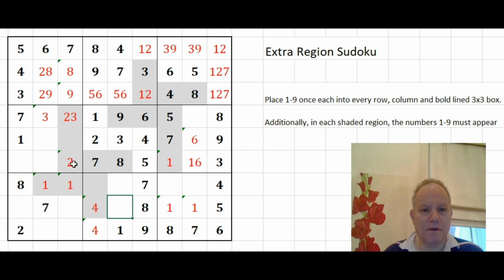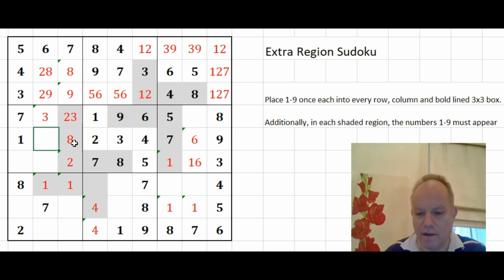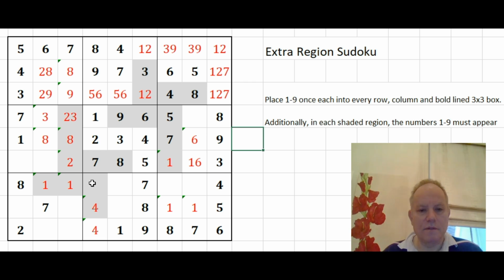How about in the rest of the box? In the rest of the shaded region, 8 has to be one of these 2 in central 3 boxes. 5, 8, 9, 1, 2, 7.